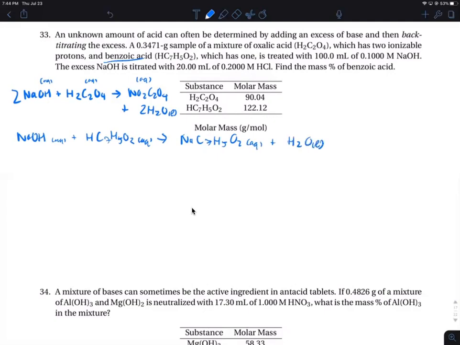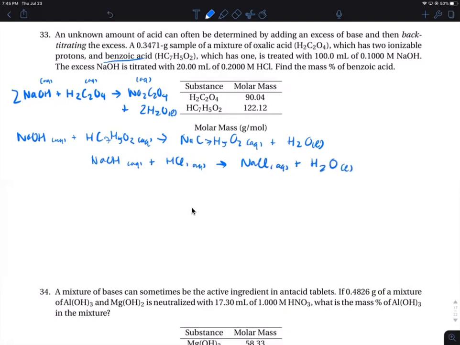And then lastly, we have just the excess NaOH being titrated with HCl. So that's just NaOH plus HCl form NaCl and water.